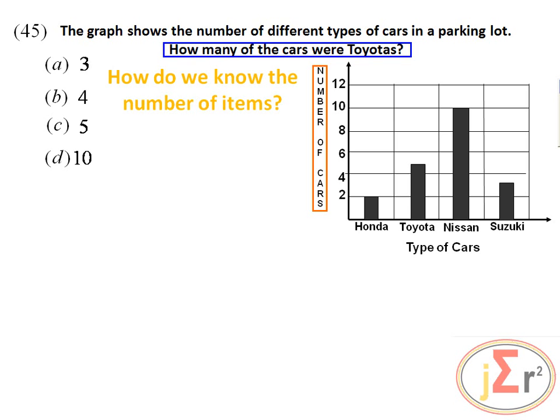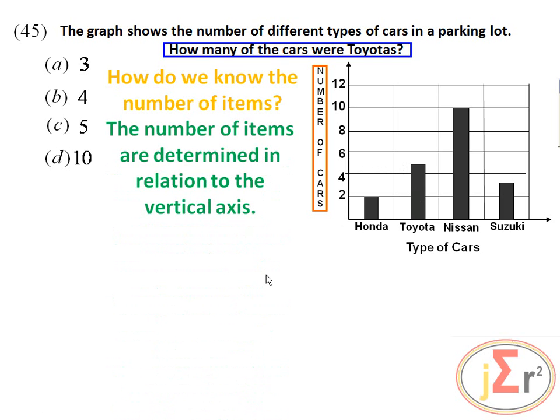So we will use the section of the graph, or this axis that we have here, a vertical axis that says number of cars. So we are sure that the number of cars are here. Therefore, the height of the bar is to be measured against this axis, which says number of cars.